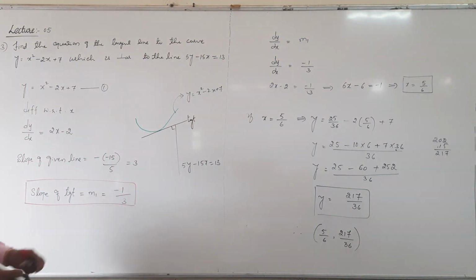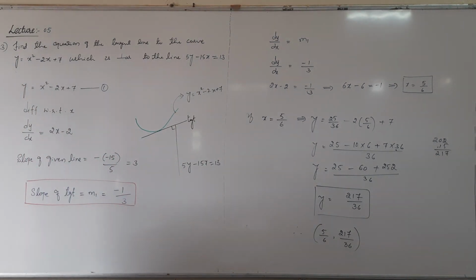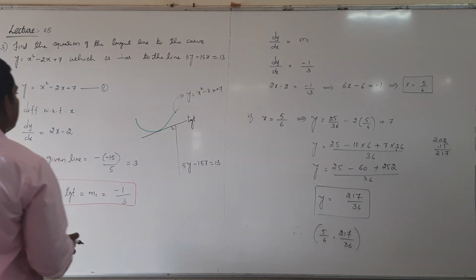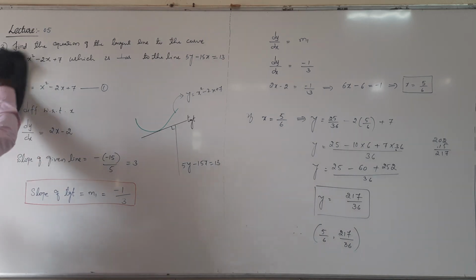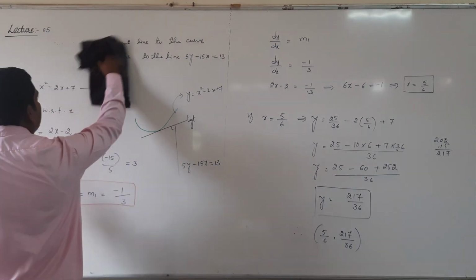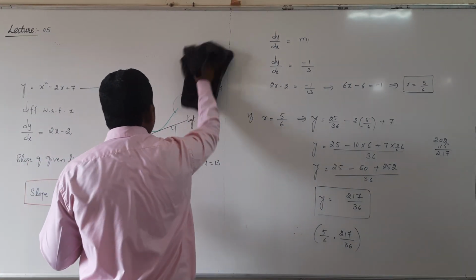Already we have the slope. Now use the slope and point formula. After getting the point, write the equation of the tangent line.